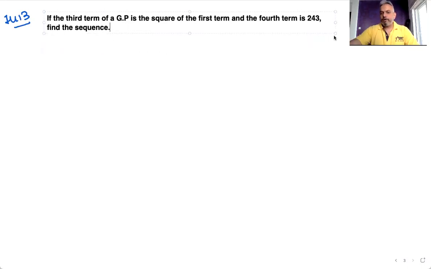Okay, if the third term of GP is the square of the first term and the fourth term is 243, then find the sequence. Please read this once again.